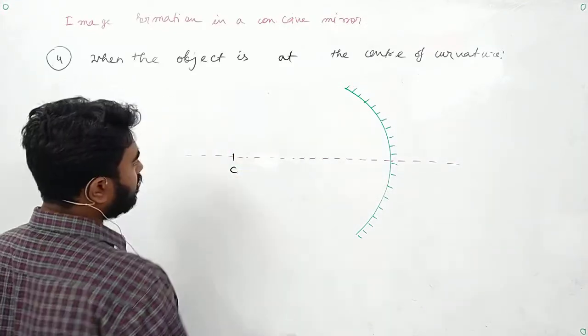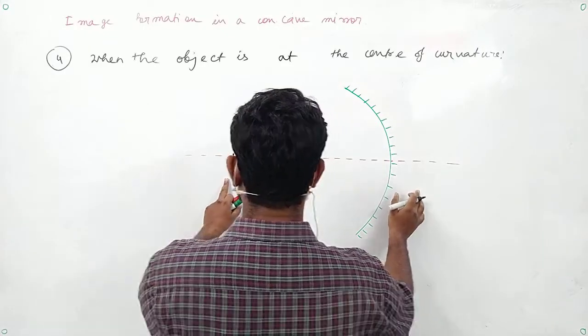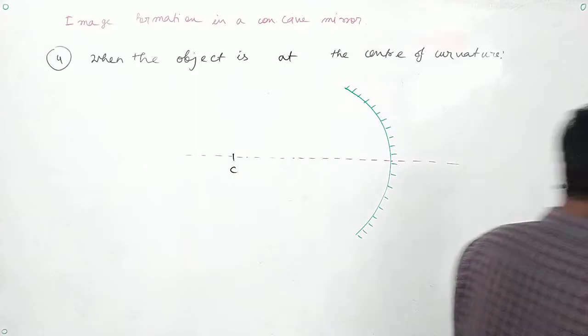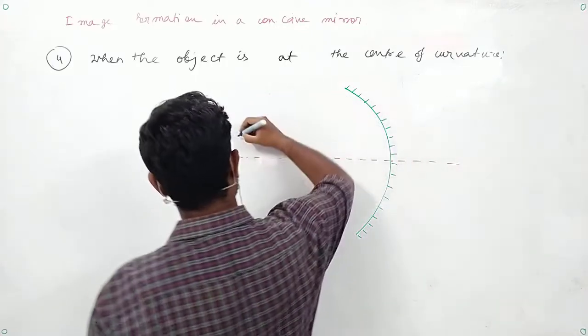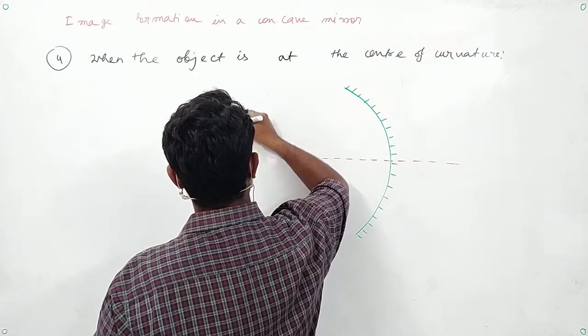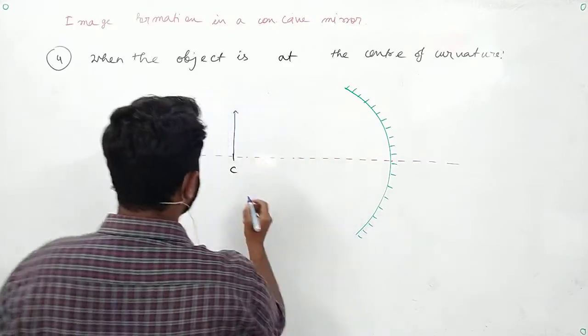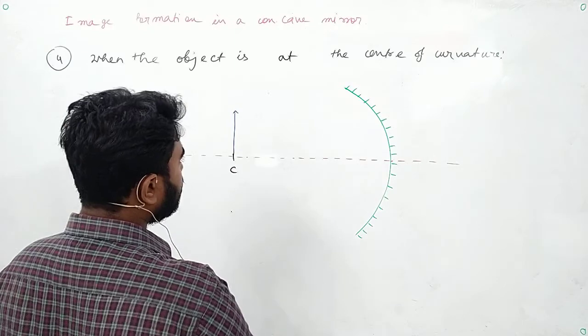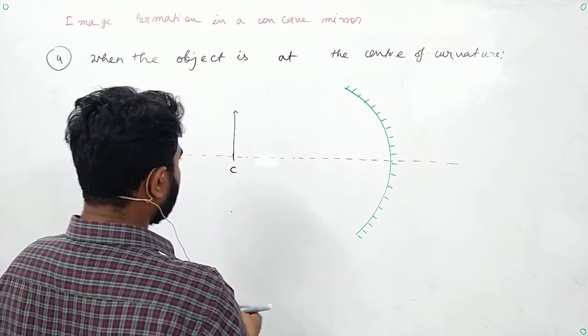Okay, so if the object is at the center of curvature, then what will happen?